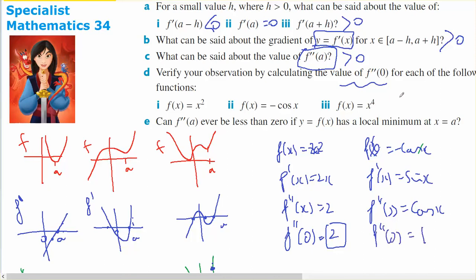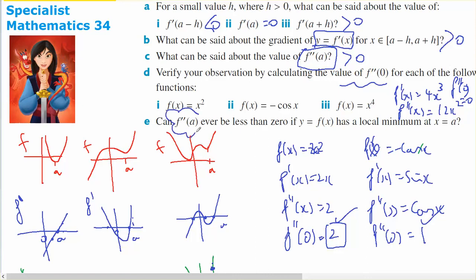And lastly, f of x equals x to the fourth, f dash of x equals 4x cubed, f dash dash of x equals 12x squared, and f dash dash of 0 equals 0. So when we have turning points, it could be positive or it could be 0, is what we can say.